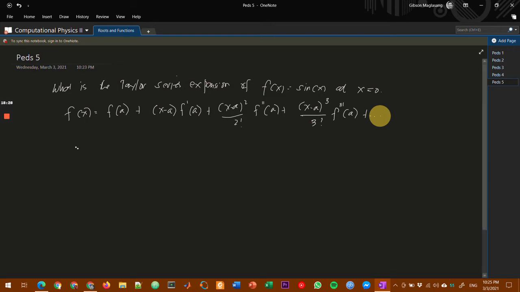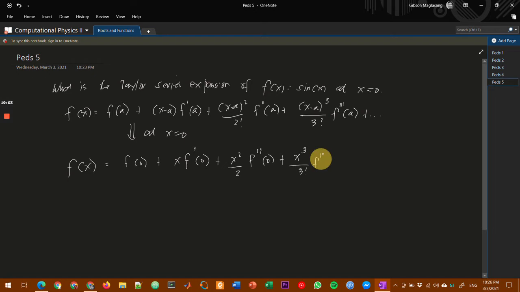So at x equals 0, your sine function would be like this: f of 0 plus x f prime of 0 plus x squared over 2 f double prime of 0 plus x cubed over 3 factorial f triple derivative of 0 and so on.